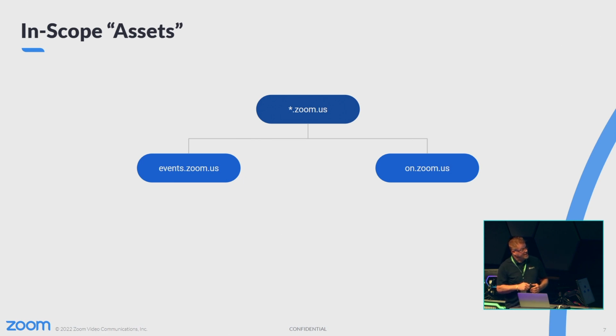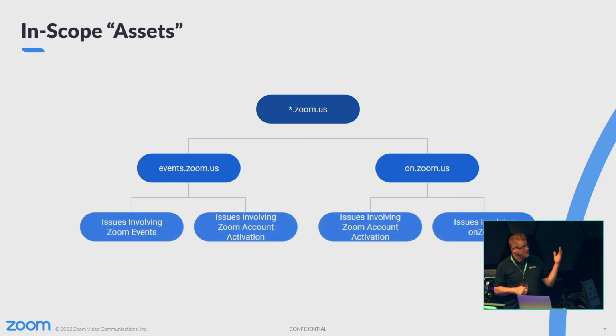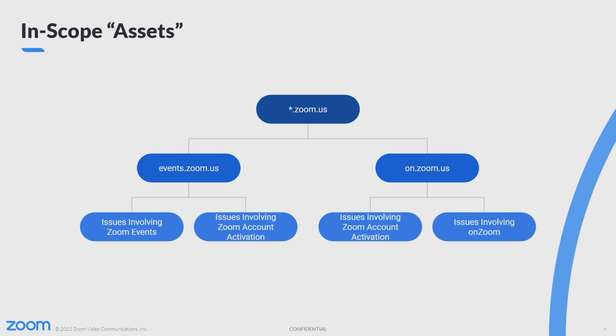Now, breaking that down even further, you'll notice that we've added things like issues involving blah, blah, blah. And this is very interesting because it allows us to actually get down to the technology that's involved with a certain asset.